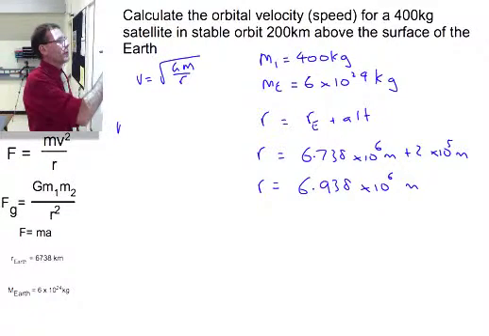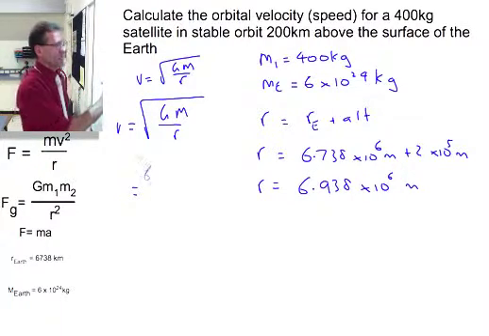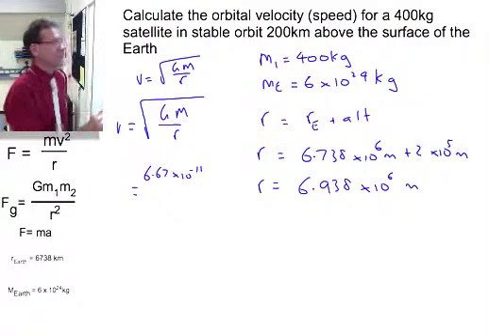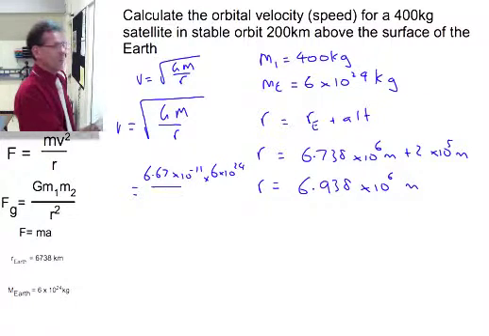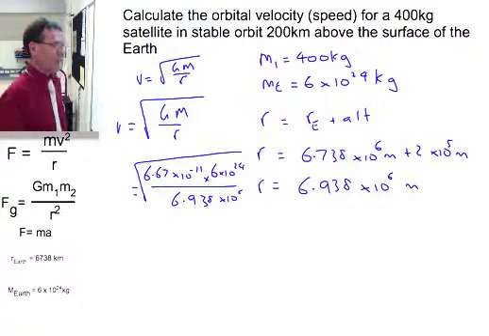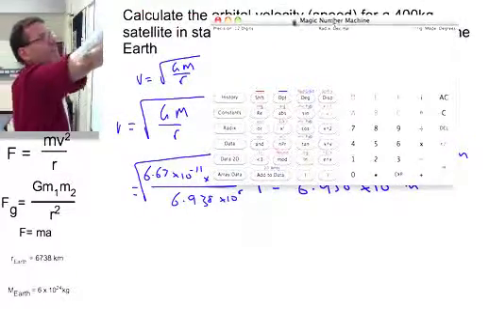So my orbital velocity is going to be equal to the square root of big G, big M on R, which is very simply 6.67 times 10 to the minus 11. That's big G times 6 times 10 to the 24 over 6.938 times 10 to the 6. And I want the square root of all of that. And let's see if we can do all of that.